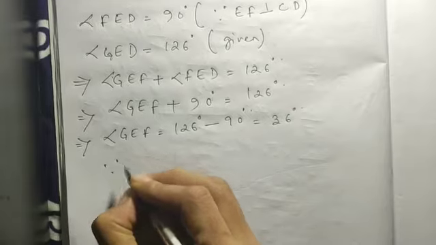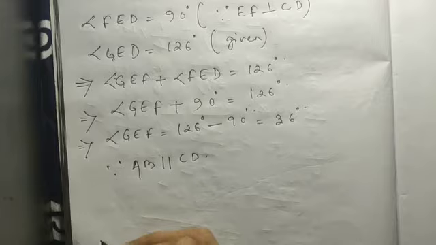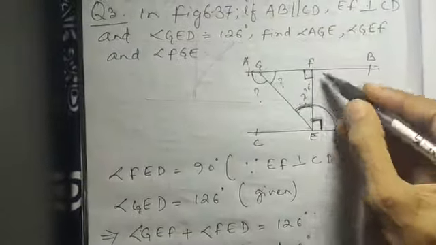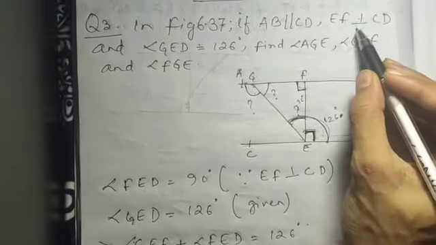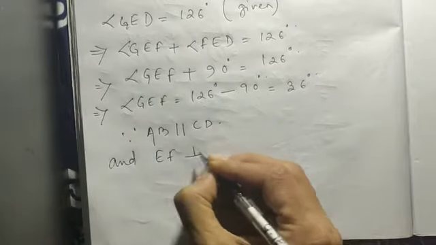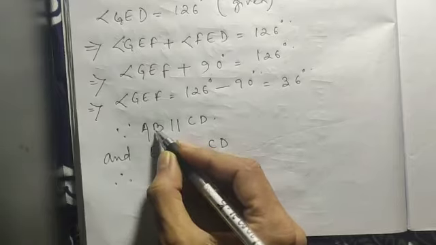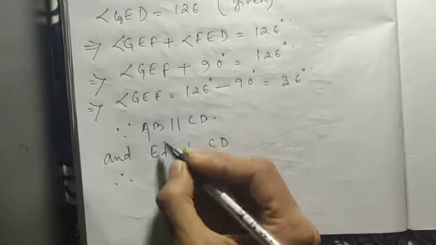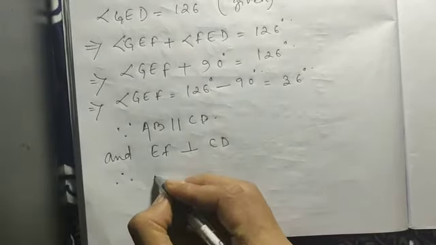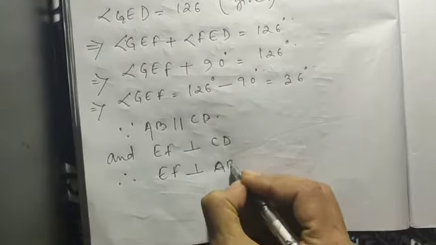Since AB is parallel to CD, and EF is perpendicular on CD, that is given, therefore EF is perpendicular on AB also, because these two are parallel.